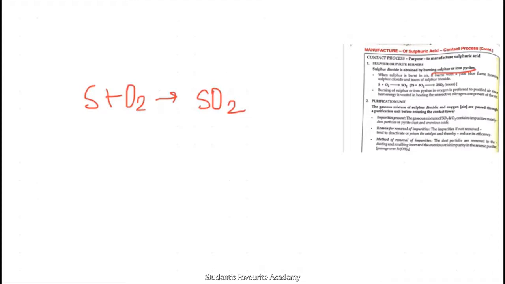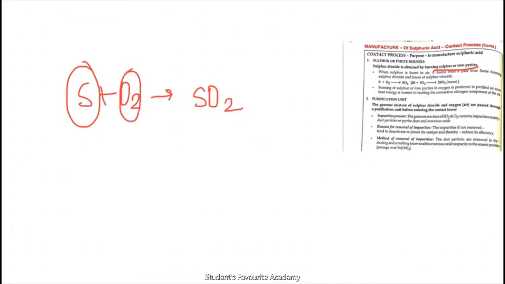Whenever I am burning sulfur or the pyrite in air, or in oxygen, why do we prefer oxygen in place of air? The reason is that heat energy is needed to heat them up, and if you are heating with normal air, a lot of heat energy is wasted in heating the nitrogen.